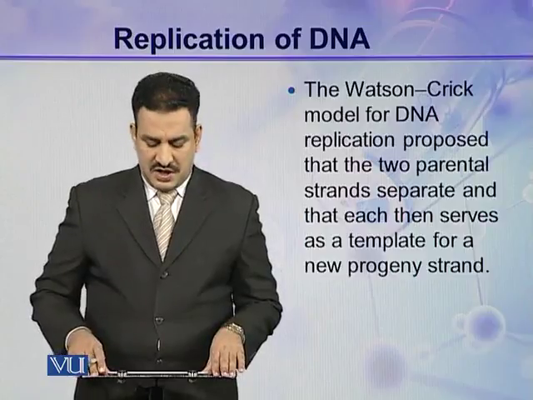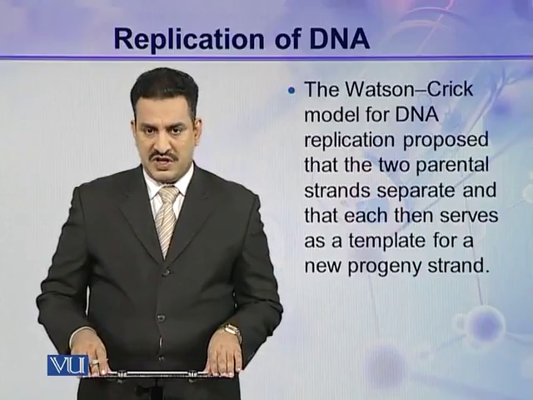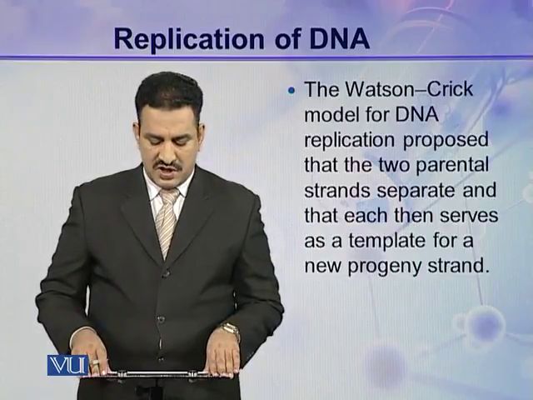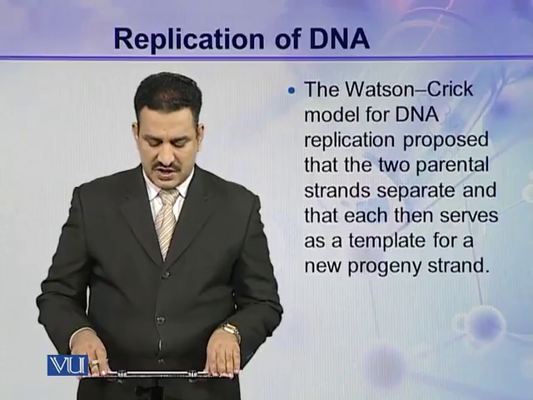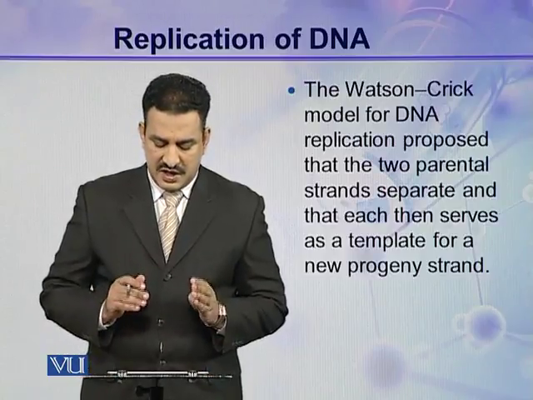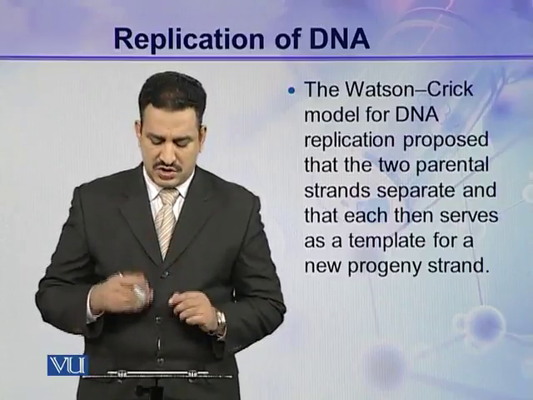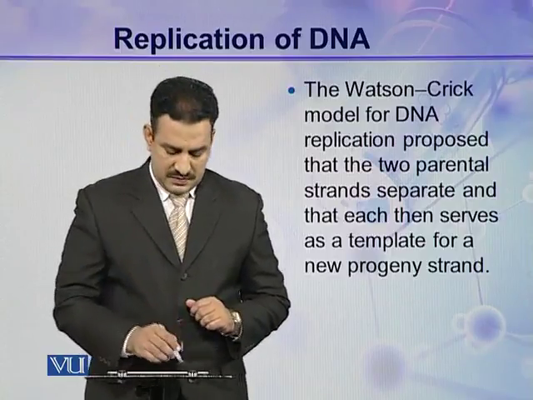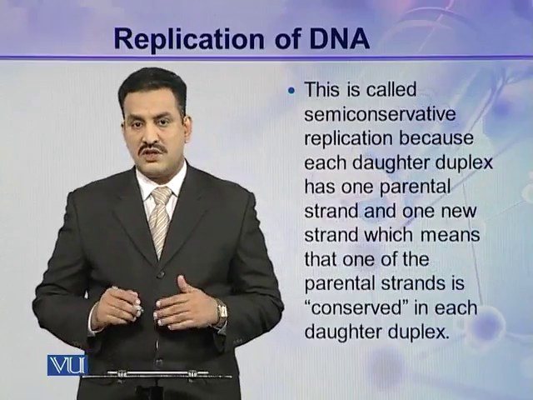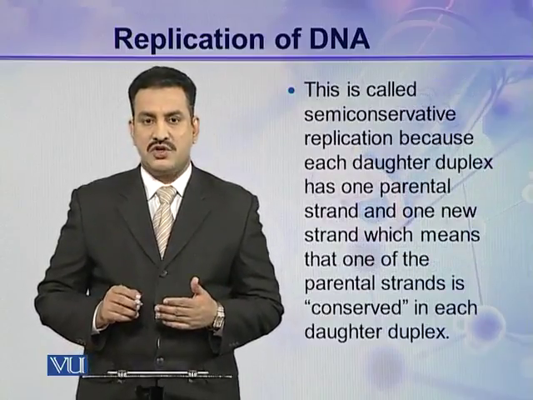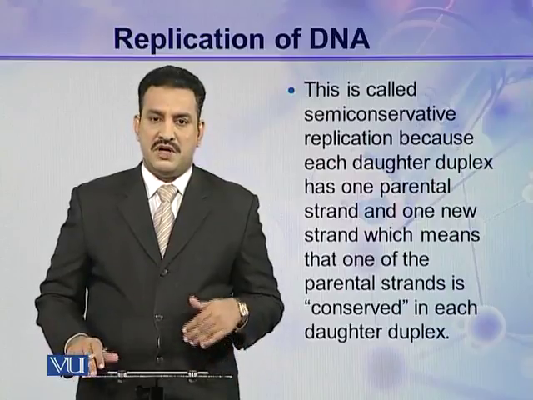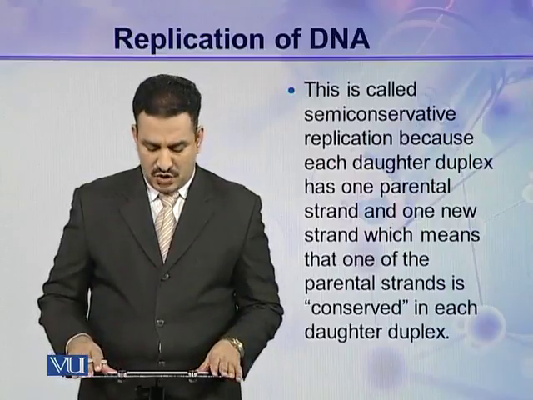The Watson and Crick model for DNA replication proposed that the two parental strands separate, and then each strand serves as a template for the synthesis of progeny strand. This was proposed by Watson and Crick when they proposed the DNA model.